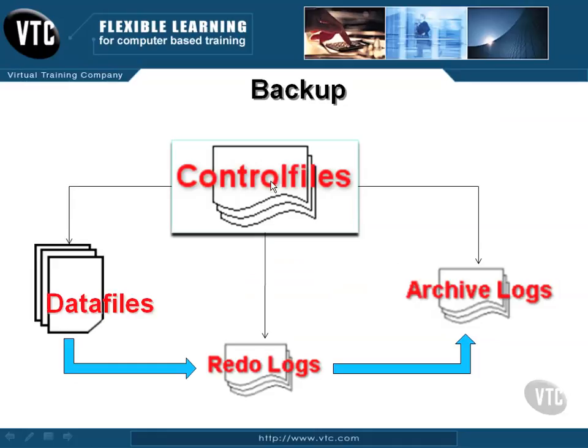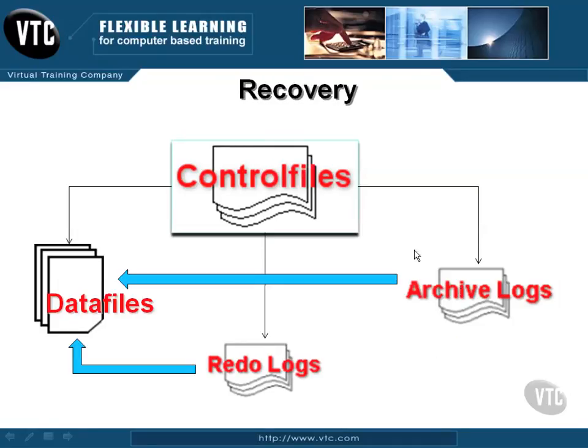As you can see here, for backup processing, in other words, taking a copy of your database so that you could recover it later on, the control files point to the data files, the redo logs, and the archive logs, and the flow of data goes from data files to redo logs to archive logs. In a recovery situation, again we've got the same pointer structure, but the data files can be recovered applying changes from both or either the archive logs and the redo logs.